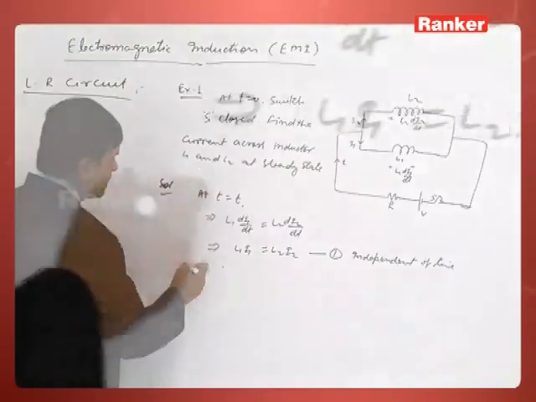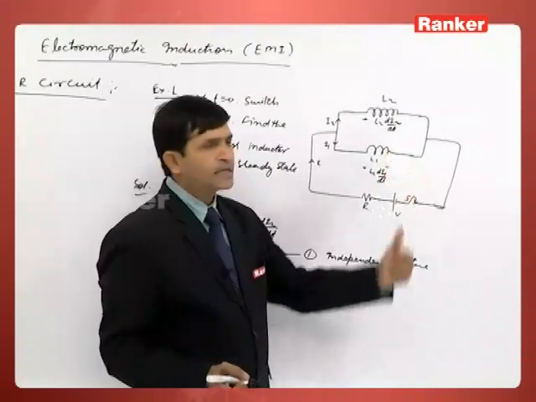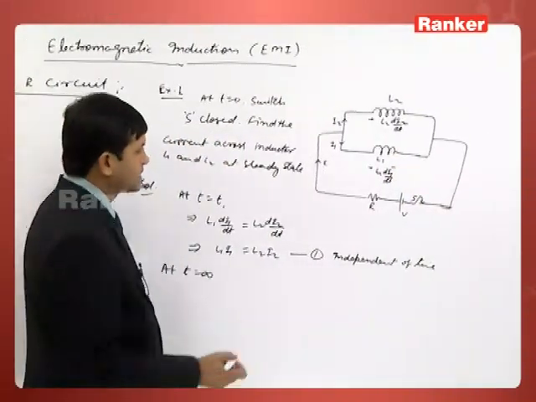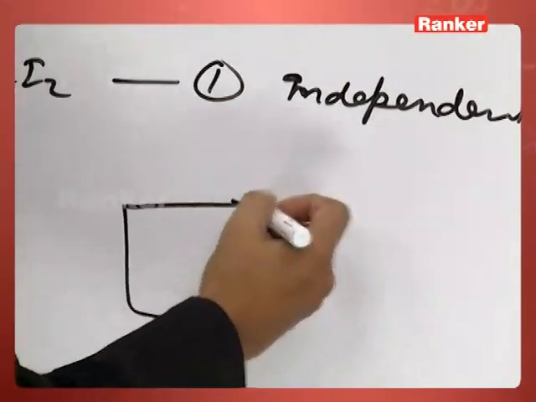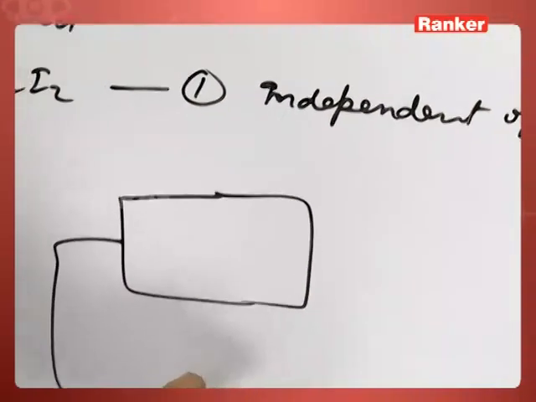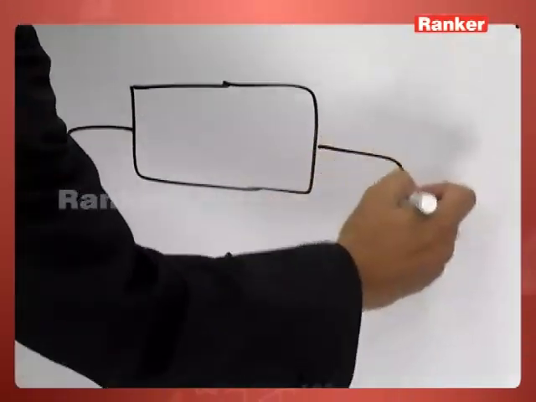Now, at t is equal to infinity, when the current becomes completely stabilized, our circuit can be made like this. As I said, the inductor acts just like a wire.